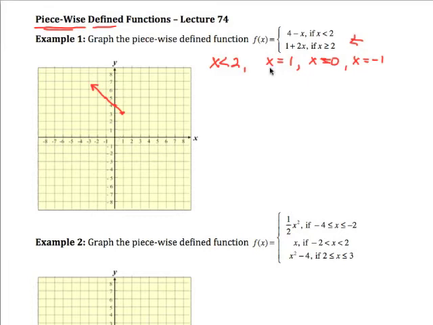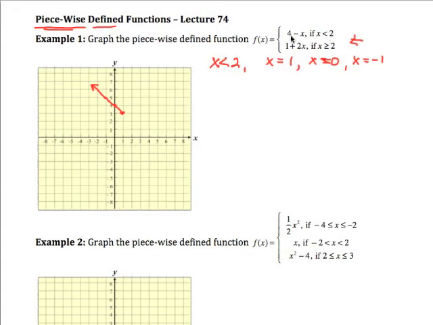Now, the interesting thing is that x is less than 2, so we could have something like 1.999. We can get as close to 2 as we like, but it's a little bit difficult to evaluate. So we cheat a little bit and imagine x is equal to 2 for this function.